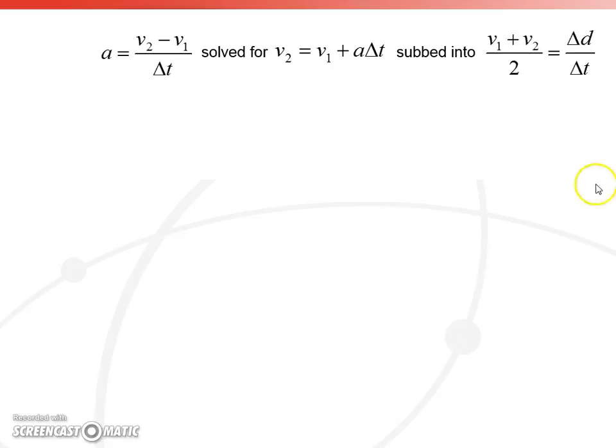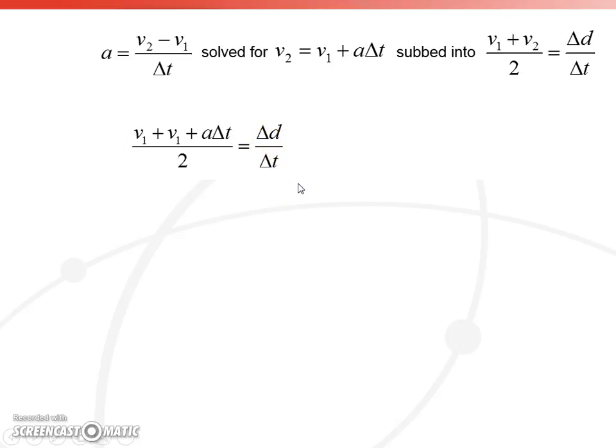Well, in our first step, we solve for v2. v2 equals v1 plus a delta t. We can sub it into the other basic expression. And what do we get? v1 plus a delta t over 2 equals delta d over delta t.